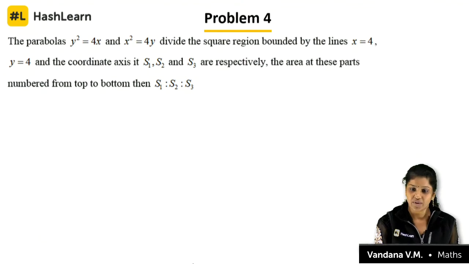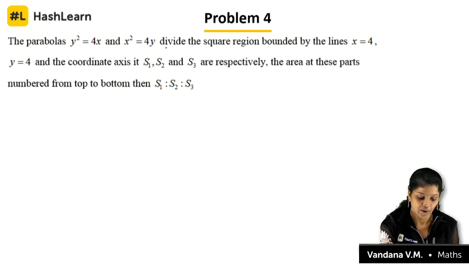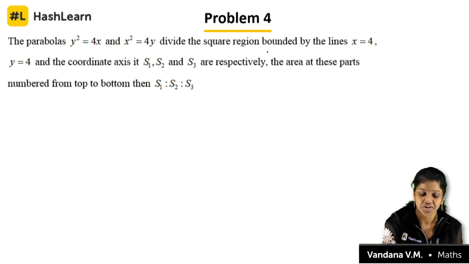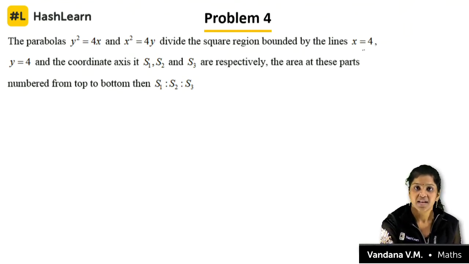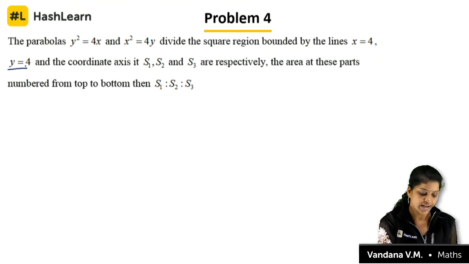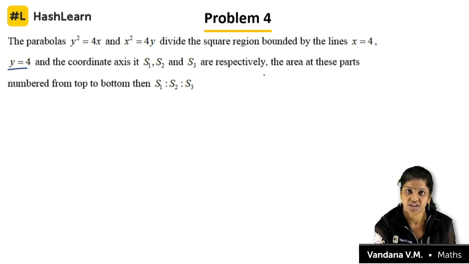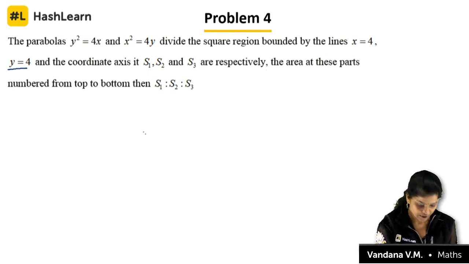The parabolas y square is equal to 4x and x square is equal to 4y divide the square region bounded by the lines x is equal to 4 and y is equal to 4, and the coordinate axes into S1, S2 and S3 respectively. What we understood from this?